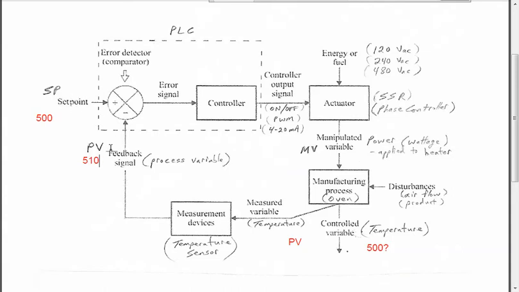Now the set point minus the process variable generates an error signal, and you can see it's going to be -10. And the negative error signal would then generate a controller output signal that's going to tell the actuator to back off, to decrease.